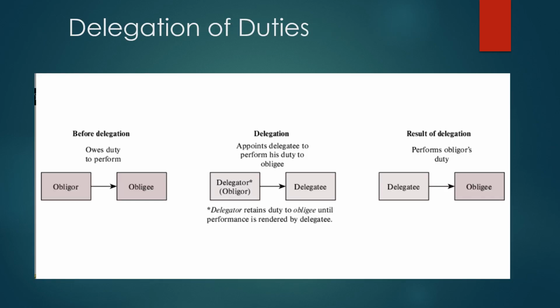What we have is an obligor and an obligee again. The contract is made, and someone has to do something in return. So let's say I have to paint your house for $500, right? And so I'm the obligor to paint your house for $500. And I decide I'm going to appoint a delegatee to perform that.